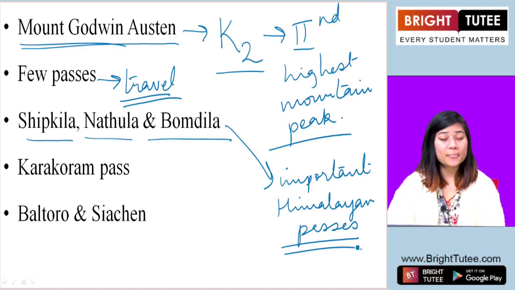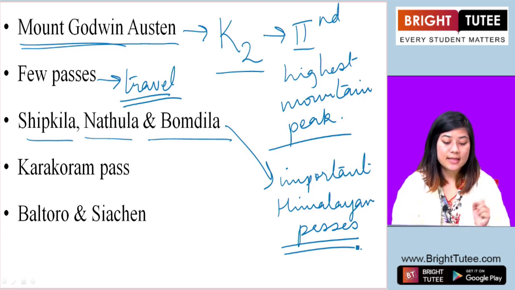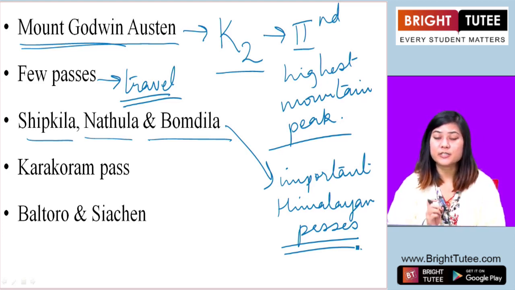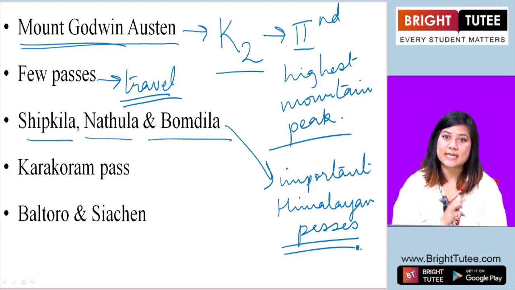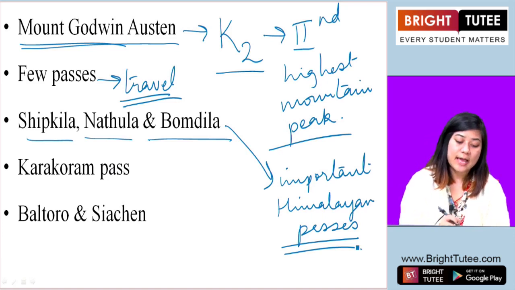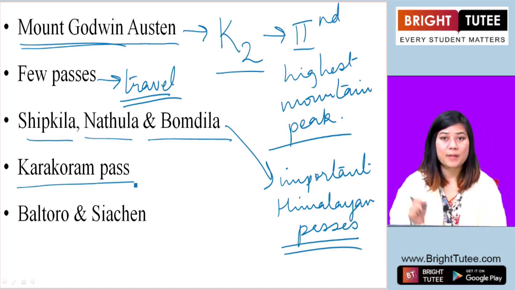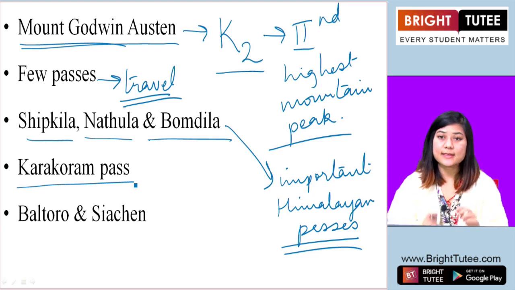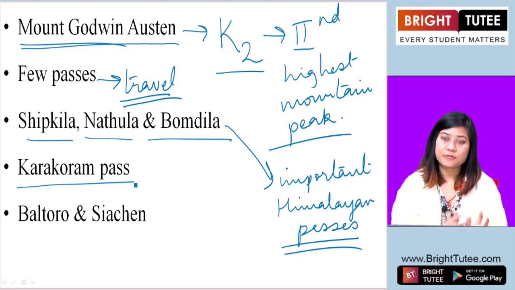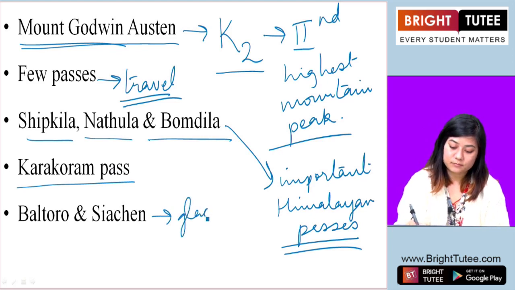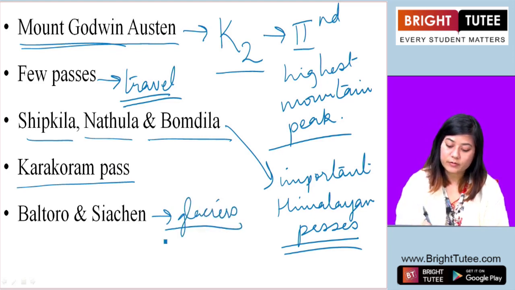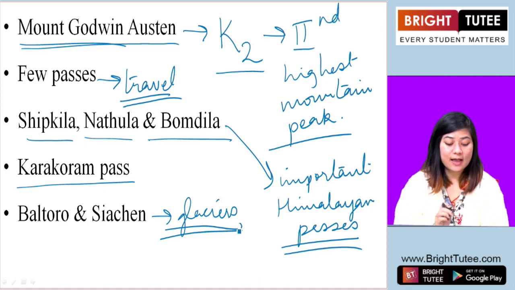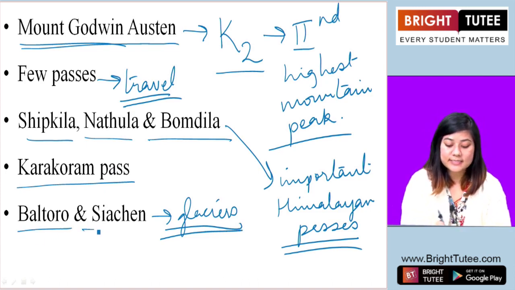Okay. Now, when we look at the western Himalayas, there is one important pass which is located in the western range, and that is the Karakoram Pass. And in this western Himalayan range, there are also glaciers, and they are Baltoro and Siachen.